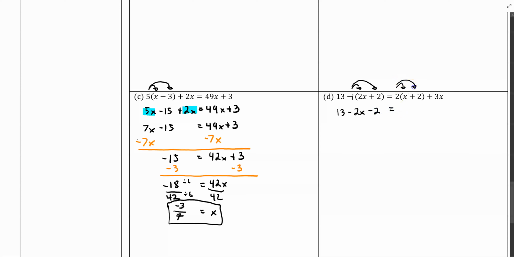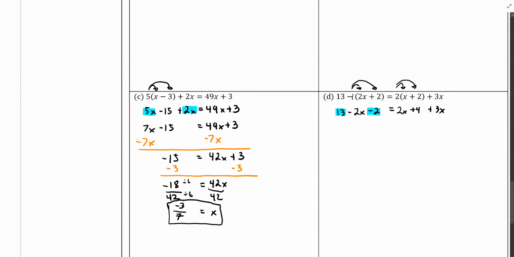distributing again, 2 times x is 2x. 2 plus 2 is 4 plus 3x. Okay, now notice on the left-hand side, we have like terms that are just numbers by themselves.